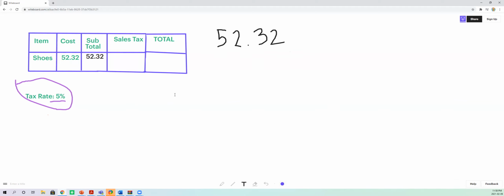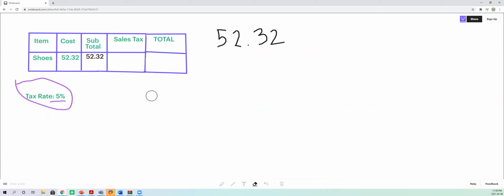And so what we would be doing here is 52.32 multiplied by 2 equals, and we would do the math, and that would become our subtotal. But because there's only one pair of shoes, we stick with the 52.32 as our subtotal.